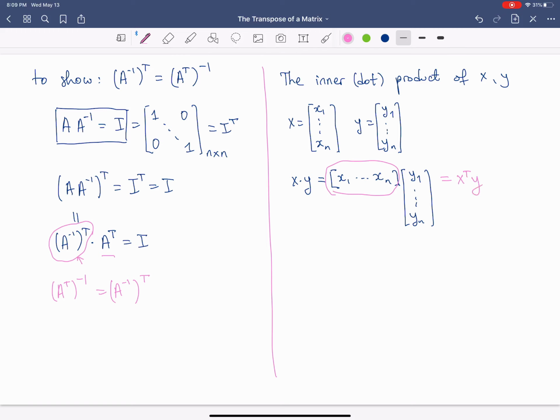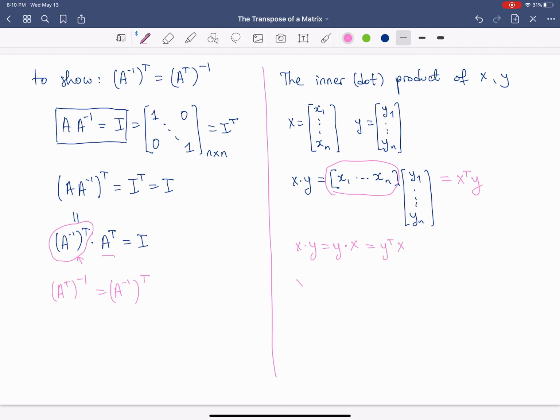And you can also write the dot product another way, because I don't know if I've mentioned this, but it is obvious: x dot y is the same as y dot x. So you do have the commutative property of the dot product. And now you can write y dot x, by what we just wrote, as y transpose x.